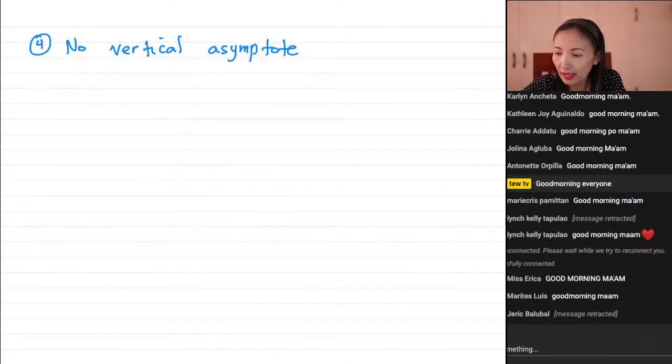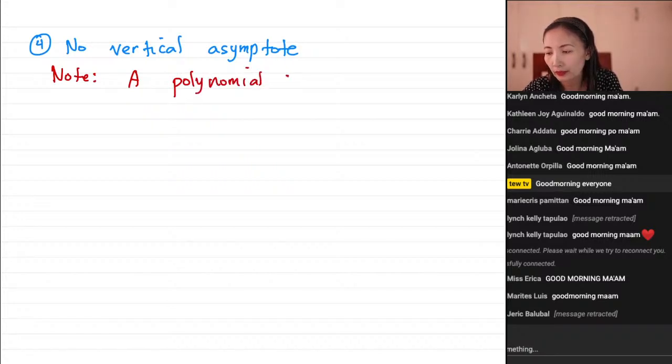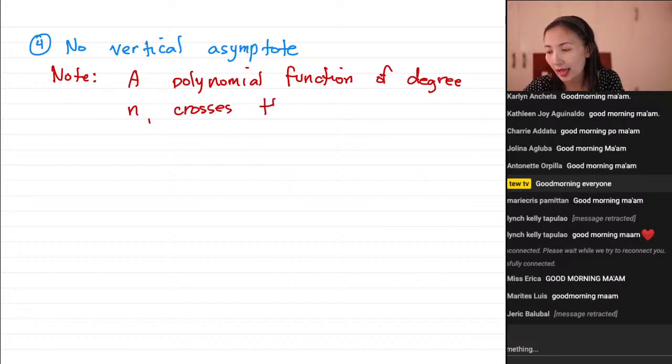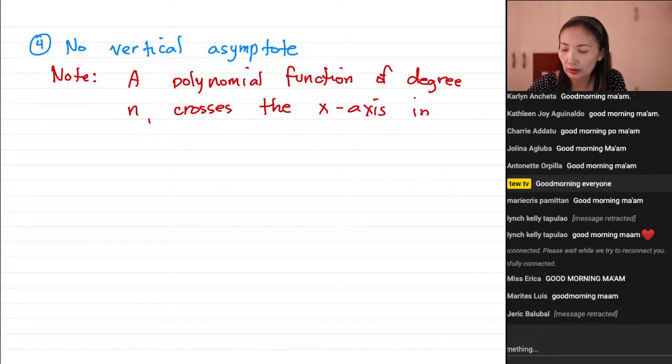Let me write that so you won't forget. This is from algebra. Note that a polynomial function of degree n crosses or intersects the x-axis in at most n points.